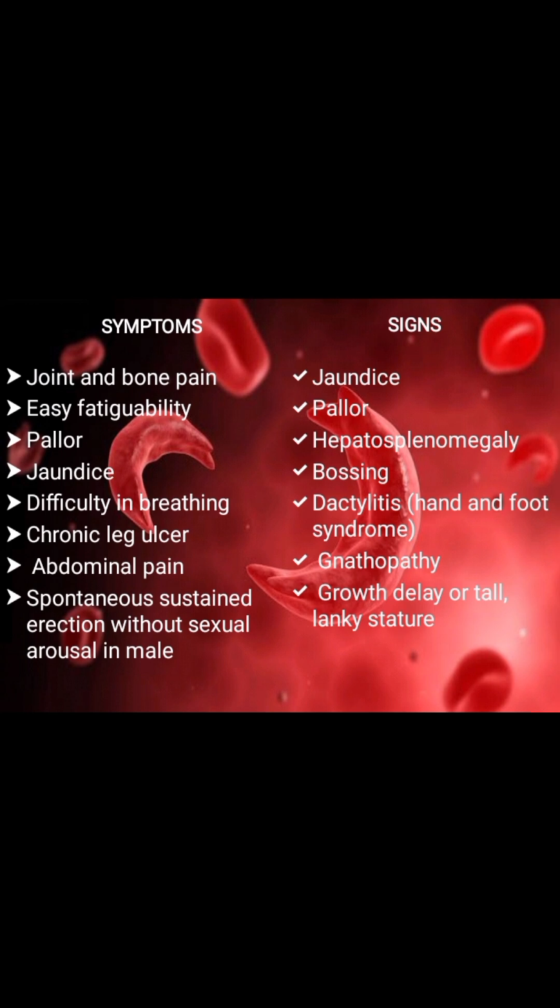Then we have dactylitis of both the hands and the feet. We have natopathy, which is a very peculiar sign in sickle cell disease patients. Then we have growth retardation or delay.